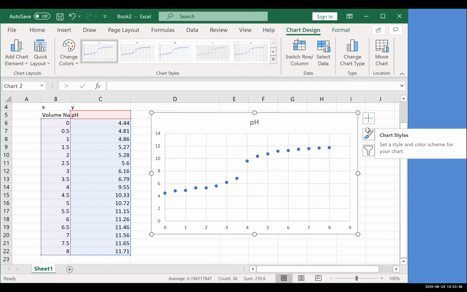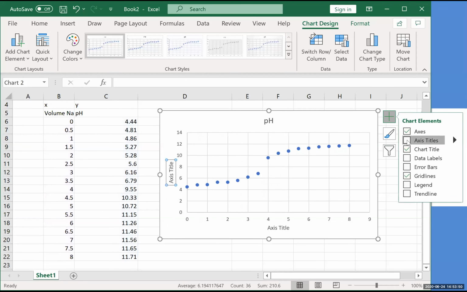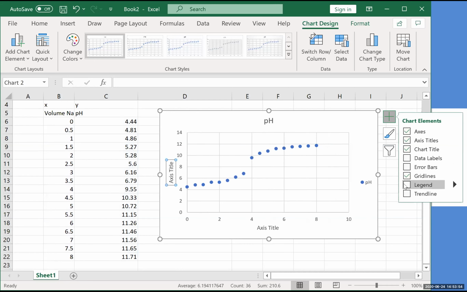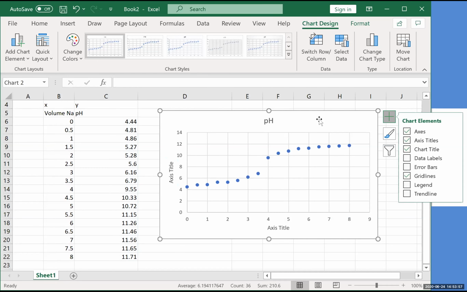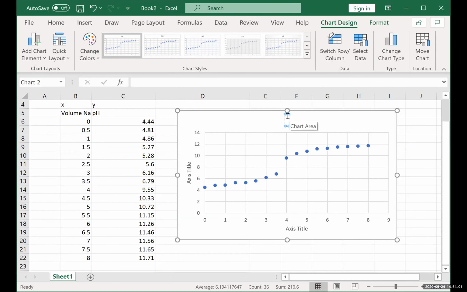You're going to click on Add Chart Element. You're going to add axes titles. And from here, we're going to modify the title. So pH versus volume of sodium hydroxide in milliliters for titration of taco sauce with 0.1 molar sodium hydroxide.